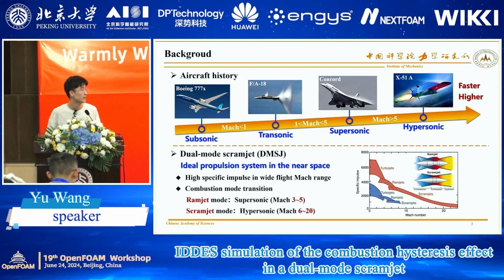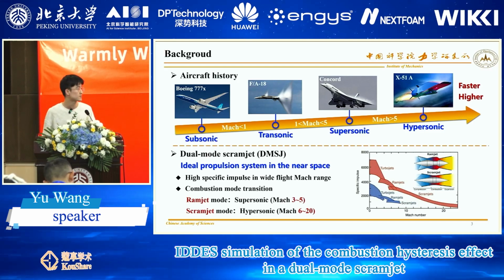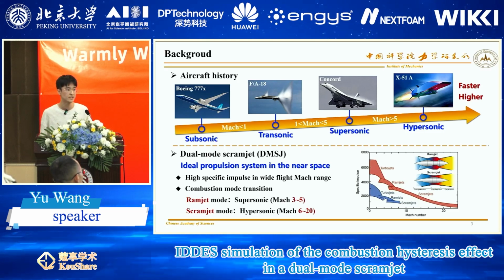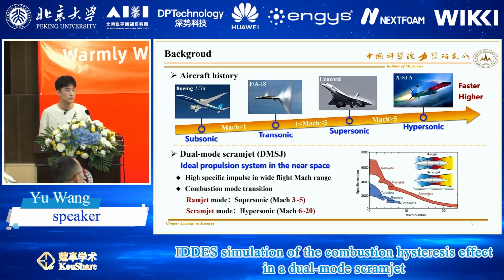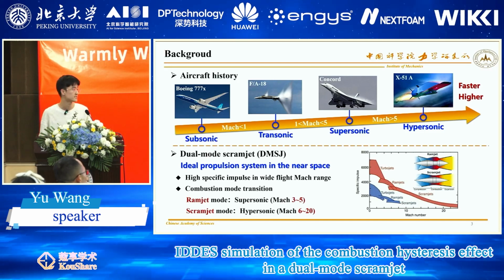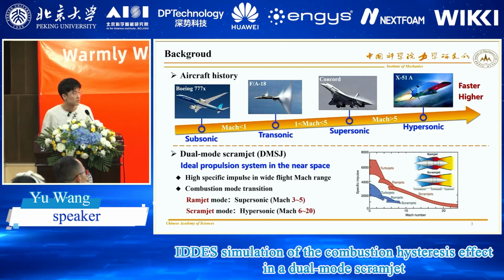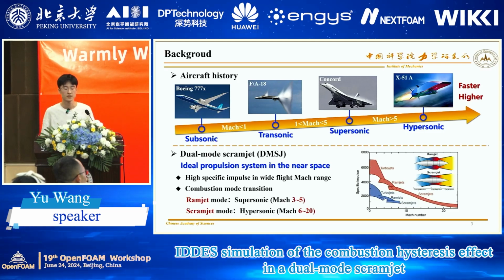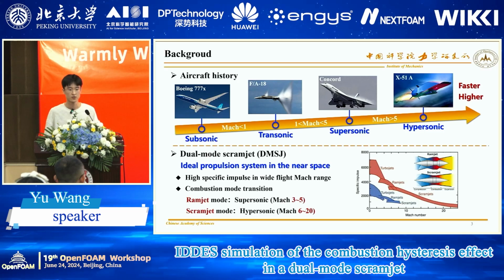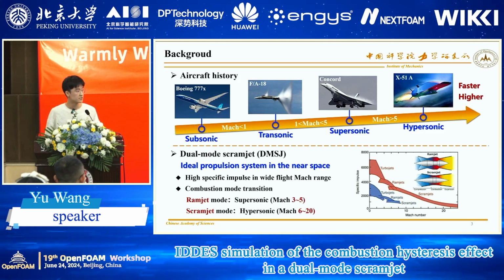Throughout the history of aircraft development, from subsonic to hypersonic, it seems that the eternal pursuit of human beings is for an aircraft which operates faster and higher. To achieve this, we need more advanced propulsion systems. The conflicting requirements between the high cycle thermal efficiency and the low energy losses dictate that each engine has its own operation range.